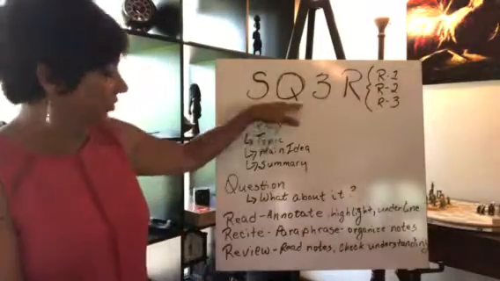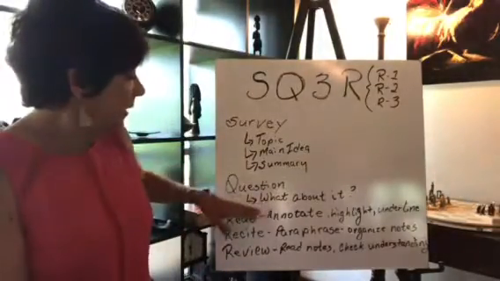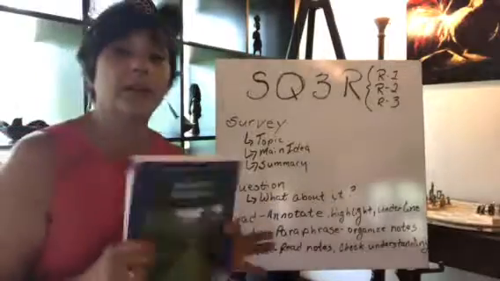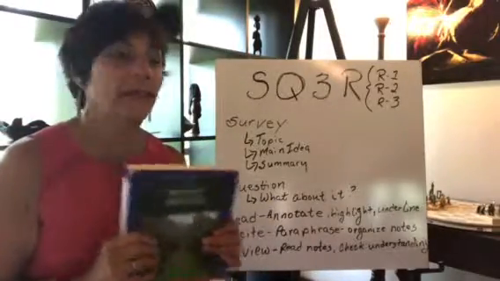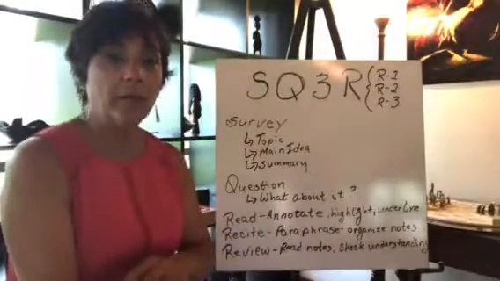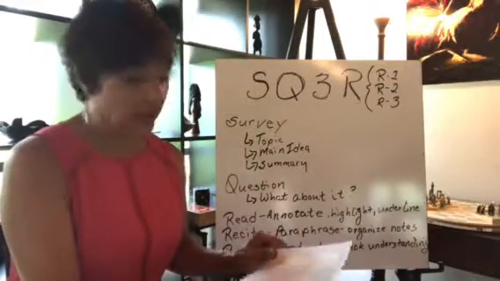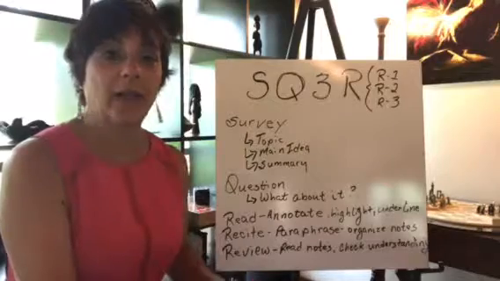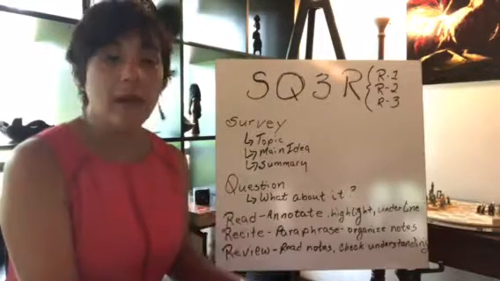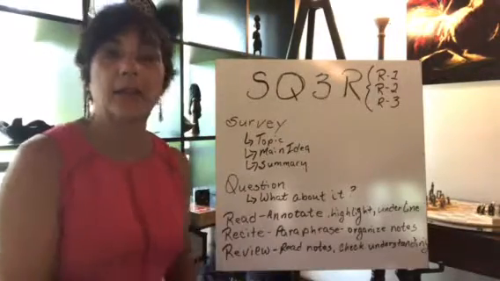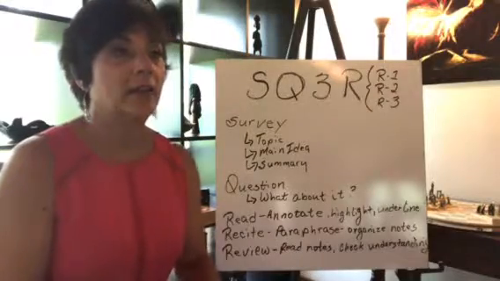The next letter in the acronym is Q, question. Question: what about it? What does the author want me to get from this? I'm not talking about the questions at the end of each section. I'm talking about the questions that I form in my own mind about it. It's kind of like the KWL chart that we did in grade school.